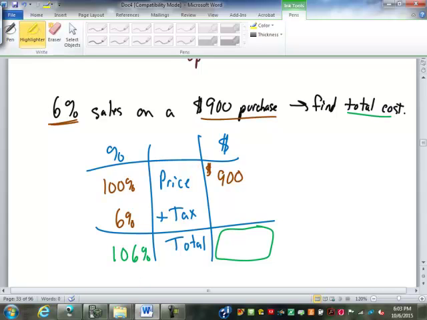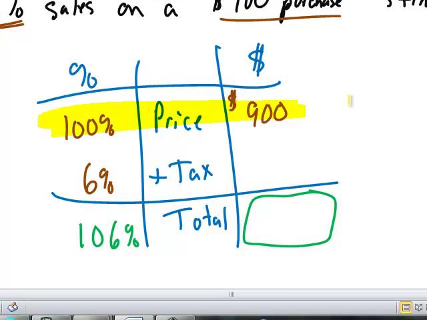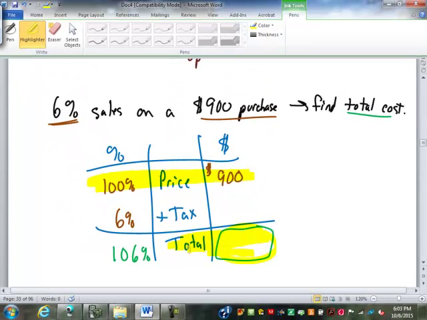Next, there's always two rows of this table that we want to use. There's one row where we know both numbers, both the percent and the dollar amount. In this case, that's the price. And there's the second row, which has the value that we're looking for. In this case, that's the total. We do have to make sure we have the other amount, which we do.